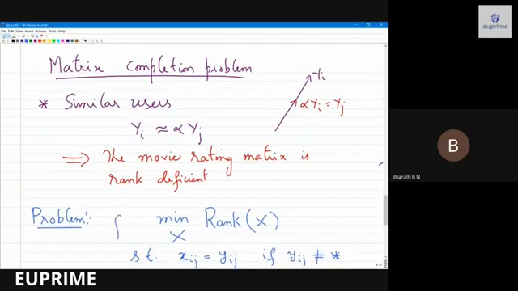This is what is known as non-convex problems. Don't worry about these jargons, you will understand what this means later on. The matrix completion problem is a very, very practical problem. Many companies want to solve this. This problem turns out to be a non-convex problem, and whoever solves it in an efficient fashion will make a lot of money, right?